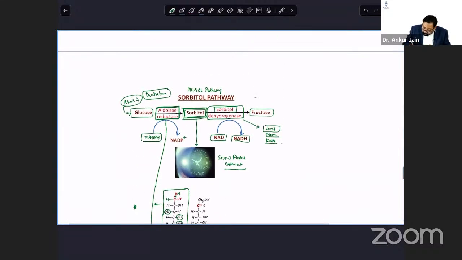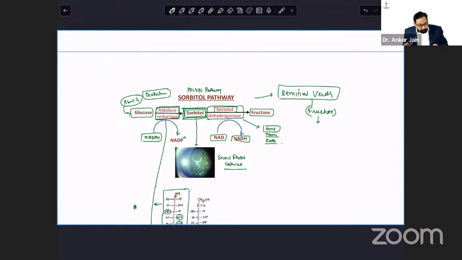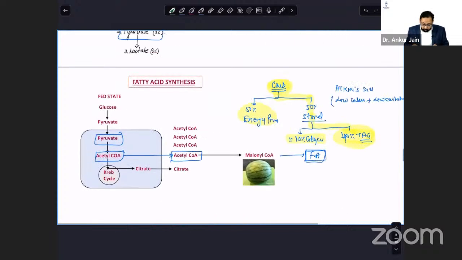This pathway normally occurs in the seminal vesicle. As you know, seminal fluid is rich in fructose, and this fructose comes from the sorbitol pathway, and sperm require fructose for their motility.